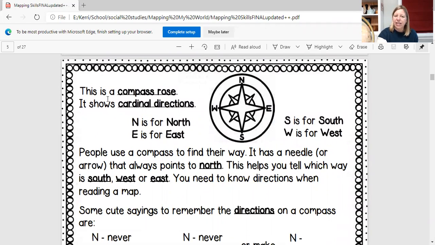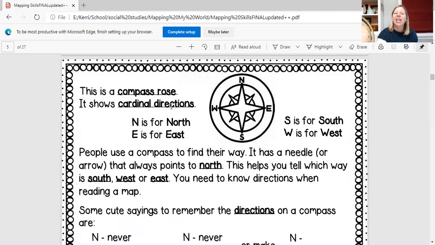And this is a compass rose. Say compass rose. A compass rose is what this circle and star shape is. It's the one that has the capital N, E, S, and W. It shows cardinal directions.